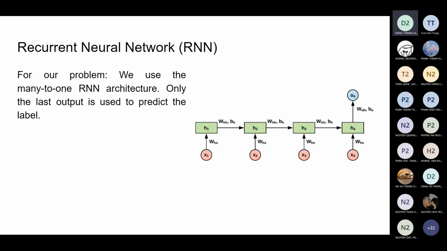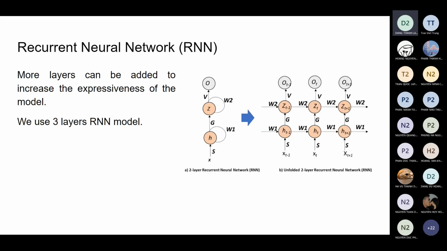This will be in the form of a probability vector of 3 dimensions, because we have 3 classes, and this probability will be used to make the prediction. Next slide. Also, to improve the performance of a recurrent neural network, we can add more layers, so we use a 3-layer RNN model. Next slide.